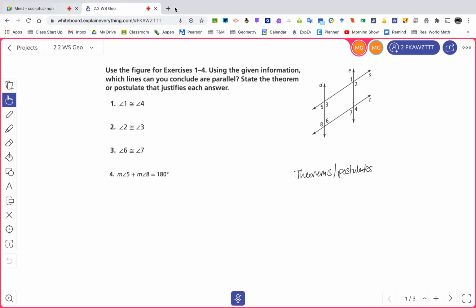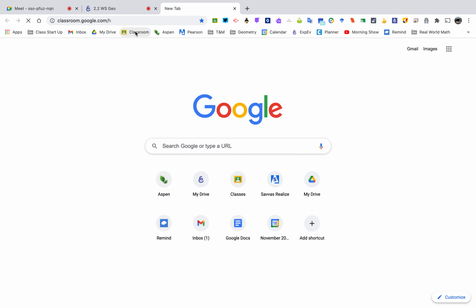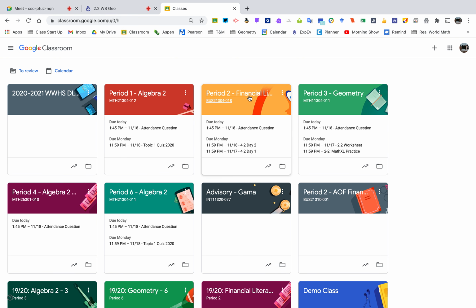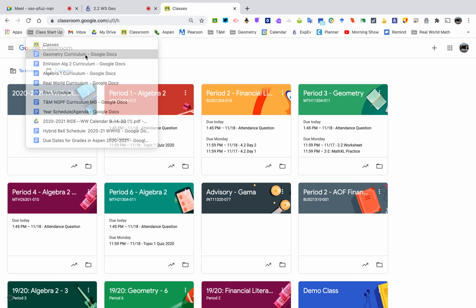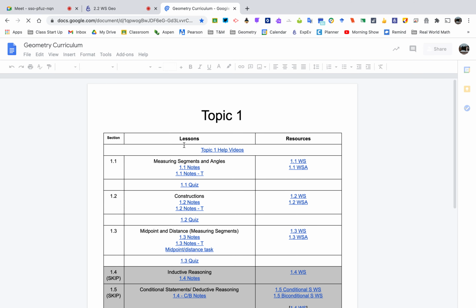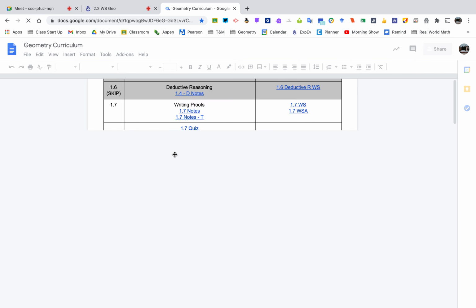So actually, you know what I'm doing? I'm gonna pull them up from our notes, and then I'm gonna throw the theorems and postulates inside.